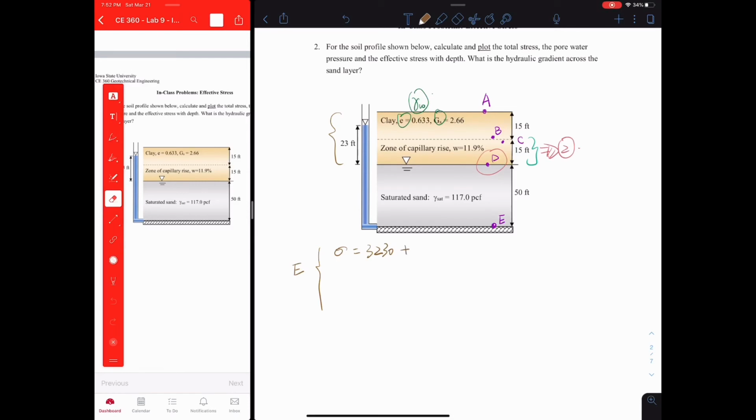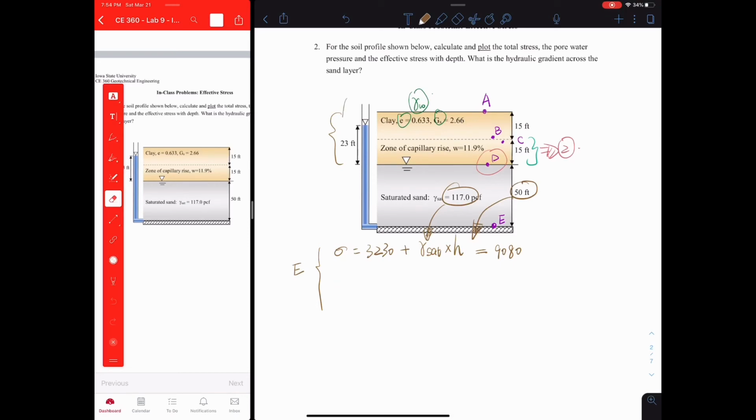And then we use this one plus the gamma sat, which is given, multiplied by the H, which is 50 feet here. And the answer of this part should be 9080.